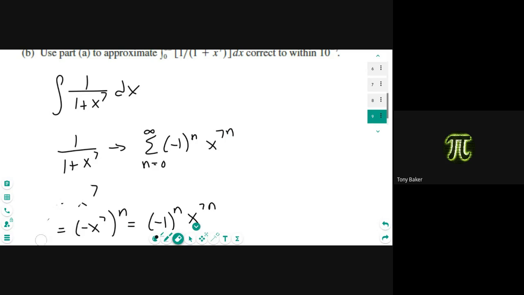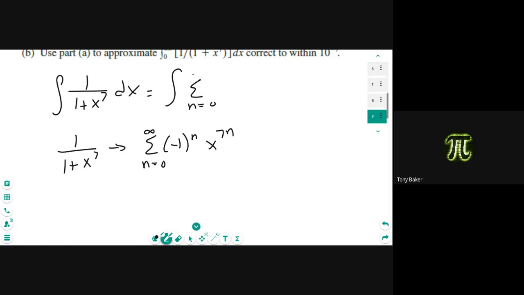All right. But we wanted the integral of this, right? So I really want the integral of this side, the integral of 1 over 1 plus x to the 7th.